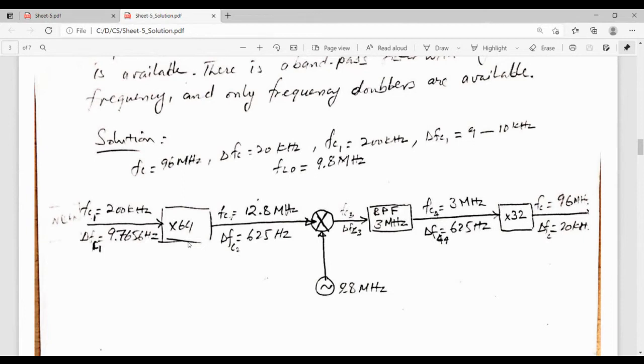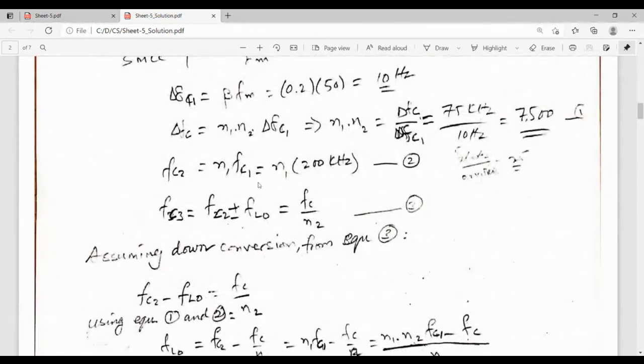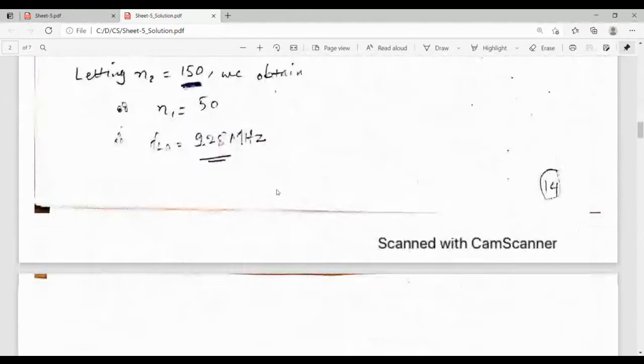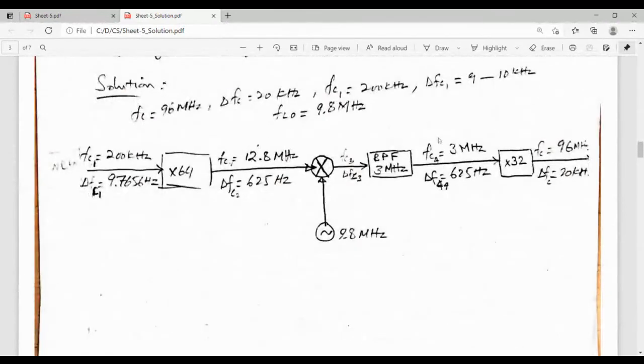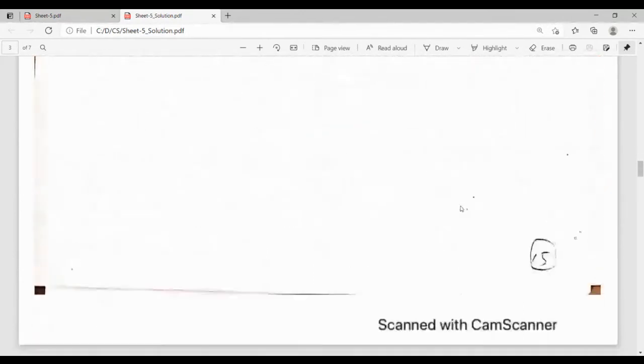N1 is given as 64, so you will get delta FC2 as 625. In the same way, delta FC1, this is the formula. So all these values you will get by using the formula. This is about question number 3.